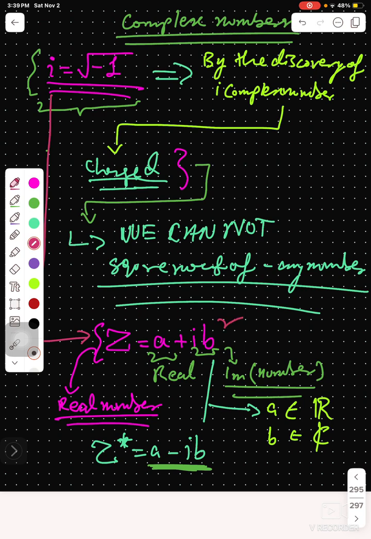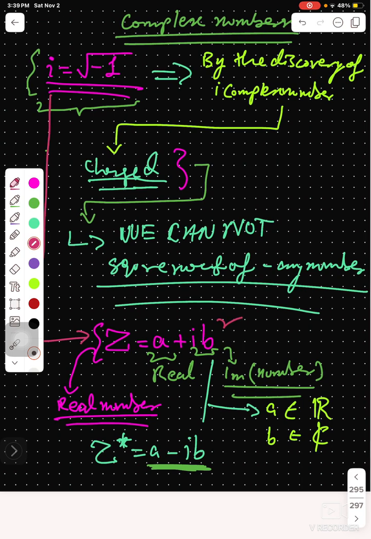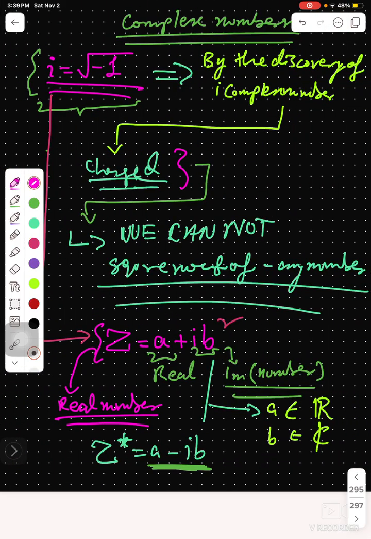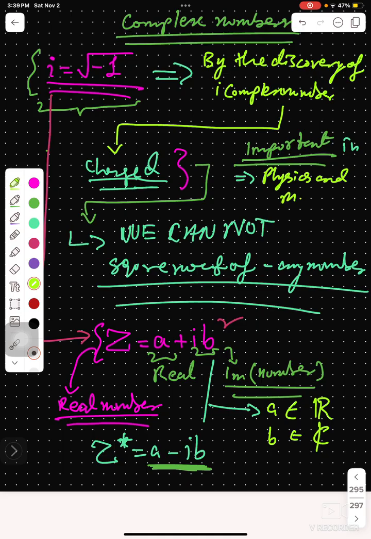So then complex numbers are an important part of physics and math.